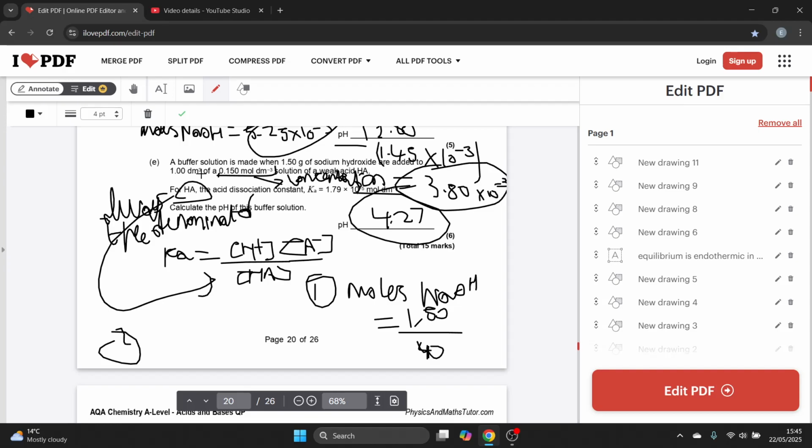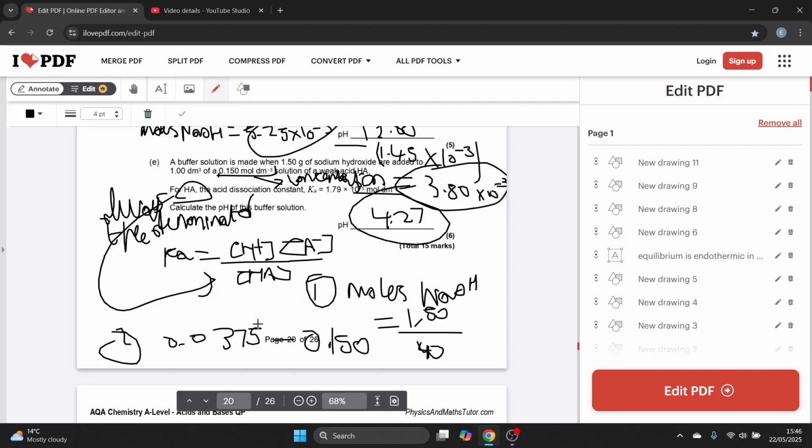And then think about it, okay? 1.50 divided by 40 is really, really important. So I've got 0.0375, right? And I'm adding 0.150 of the weak acid. Well, if I'm adding the weak acid, I'm subtracting 0.150. That's exactly what I'm doing because it's going to react with it. So how many moles of the sodium hydroxide is left? That's all it wants me to do.